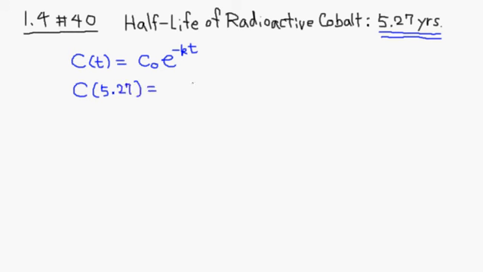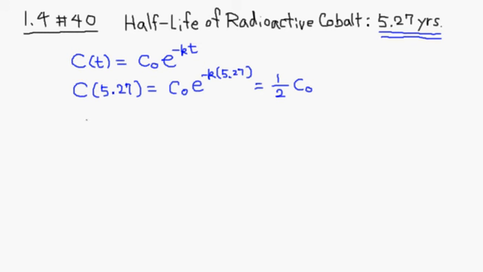We plug in C0 e to the negative k, with t equal to 5.27, and this has to equal, since it's a half-life, 1/2 of the original amount C0. From there we can actually solve for k.